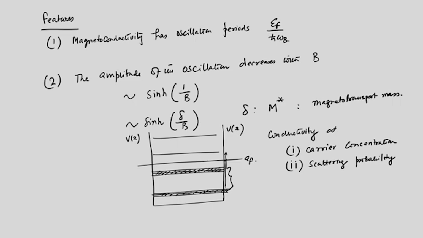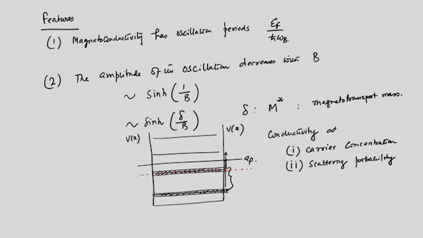But when the Fermi level, let me draw it with another color, say the Fermi level is here, inside the Landau level, then there are unfilled states above this red line that the electrons can scatter into, and this gives rise to the non-equilibrium situation.